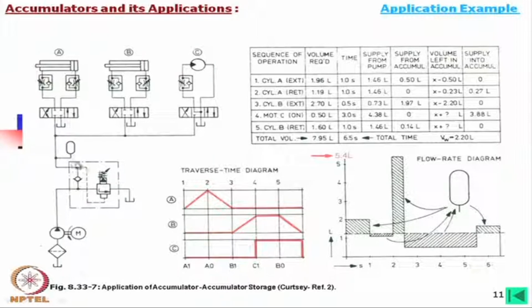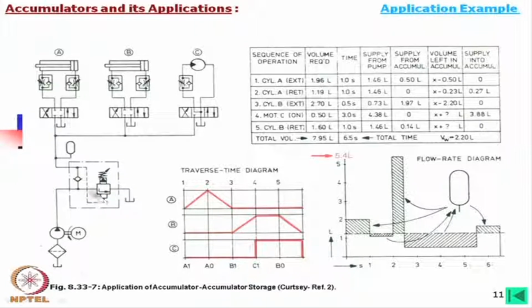We put the accumulator over here. This non-return line is there, because oil from the accumulator should never come to the pump side. Oil from here can directly go to the system. We do not need any other valve there, because whenever excess oil is there, first the accumulator will be filled, and when it is completely filled, the oil goes through this relief valve.